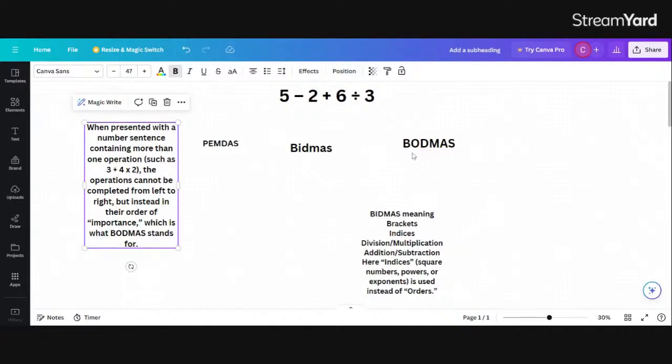We take brackets first in any problem we come across. Then after brackets, we go for indices or others. Then division and multiplication are of equal importance. After that, addition and subtraction are of equal importance as well.